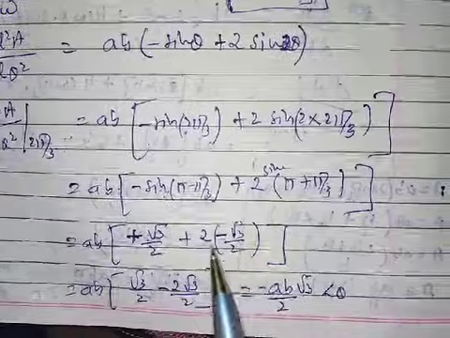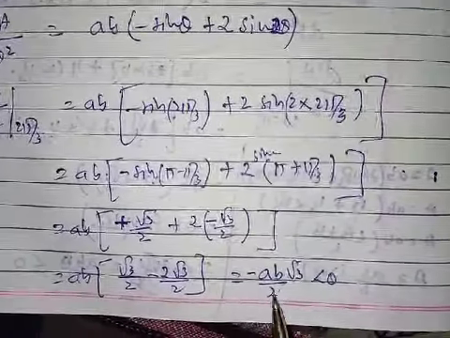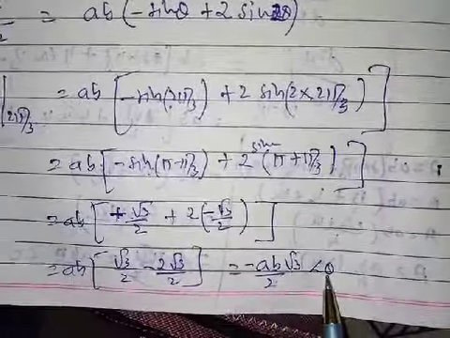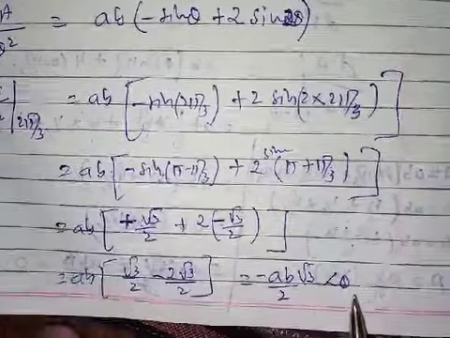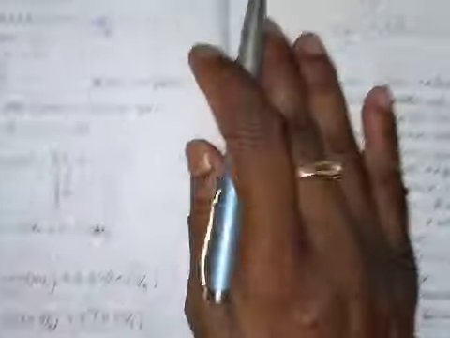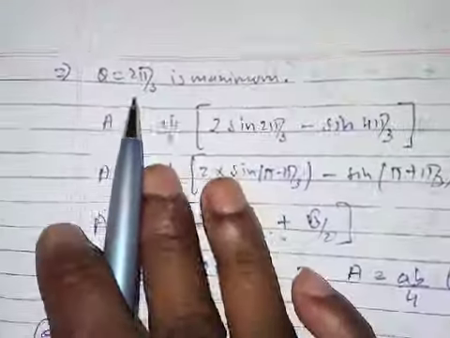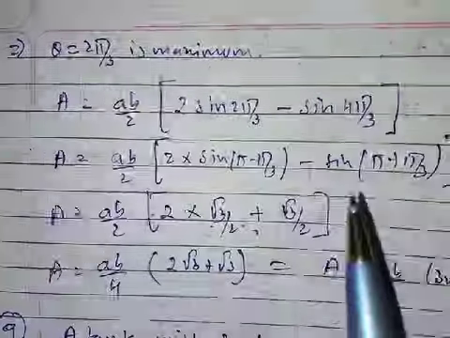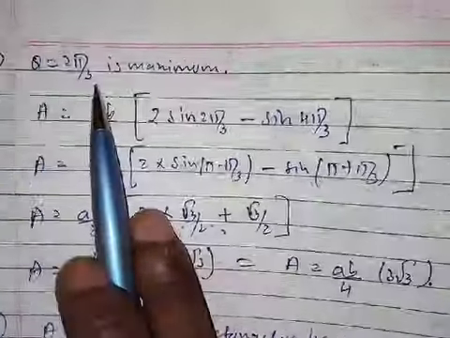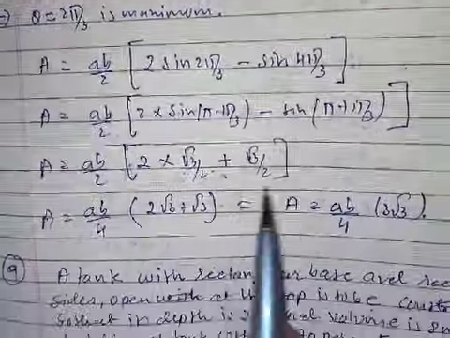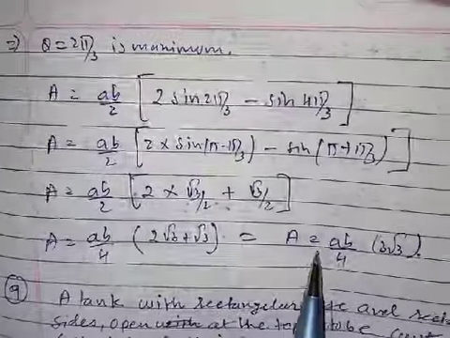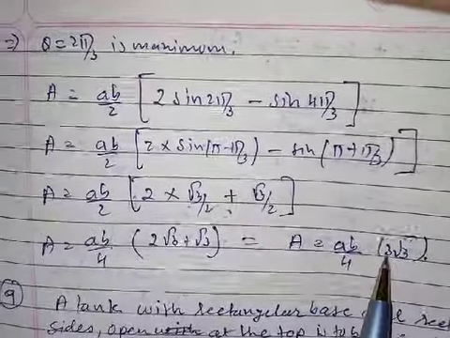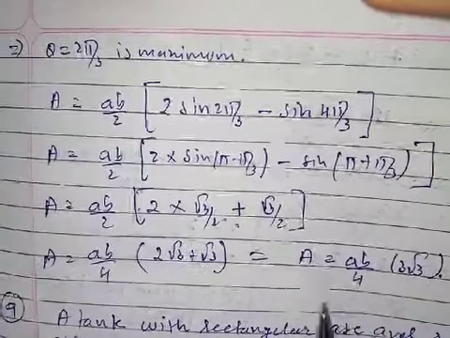Okay. So if you simplify, you will get minus AB by 2 root 3, which is less than 0. Okay, less than 0 means minus. So theta equal to 2 pi by 3 is the maximum. So how will you find the area? Substitute the value in this and simplify it. So A is equal to AB by 4, 3 root 3, is the maximum area of this.